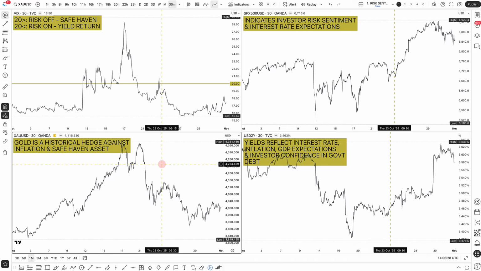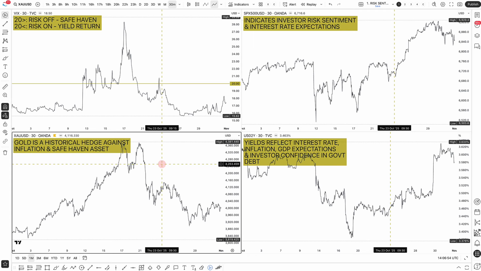How that works with currencies is that when we're in a more risk on mode, the market is focused on yield differentials, meaning interest rate differentials and yield return. And when we're in risk off mode, money would typically tend to flow into safe haven currencies like the Swiss franc, the Japanese yen, and to a certain degree the US dollar.